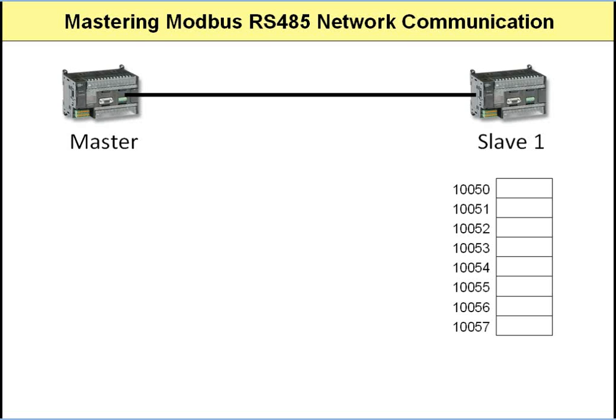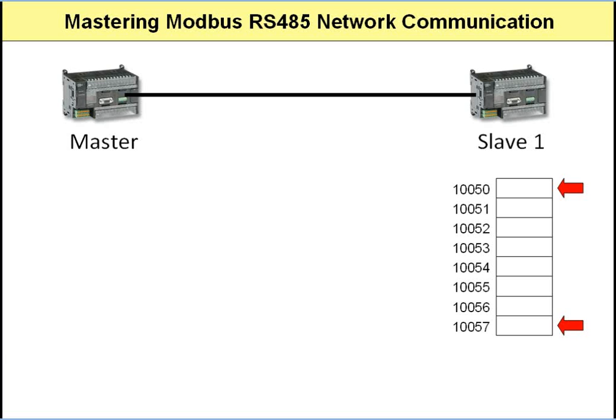You can see those memory blocks there, 10,050 to 10,057. These are 1-bit memory blocks in the inputs memory area of the slave. It's not all the memory blocks, it's some of them. Now the master is only interested in these 2 here, 10,050 and 10,057, only interested in the data at these 2 memory address locations, but none in between.